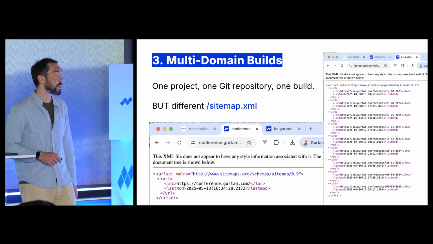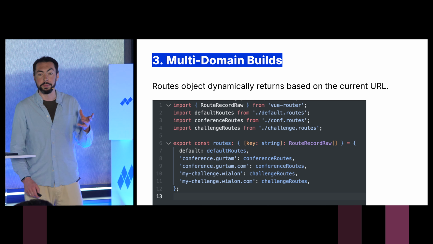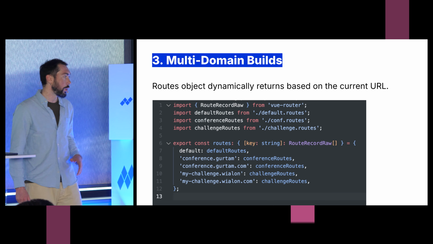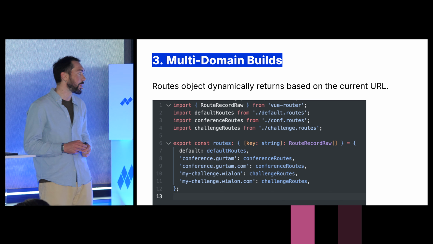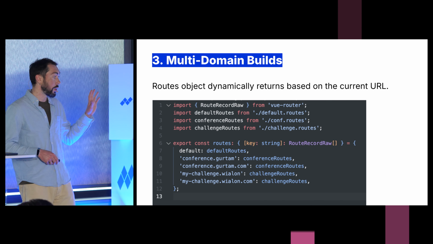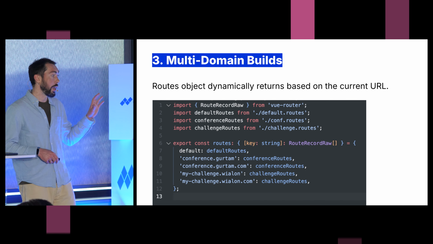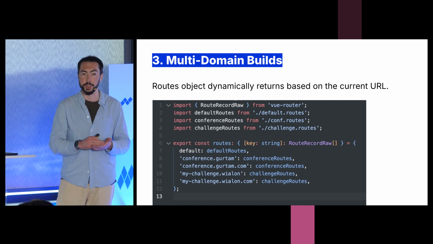It's an example of our sitemap XML. We did it pretty easily, honestly. It was a little bit tricky because of SSR, but we resolved that. We just use the URL as a key and return the correct route object in our technology.